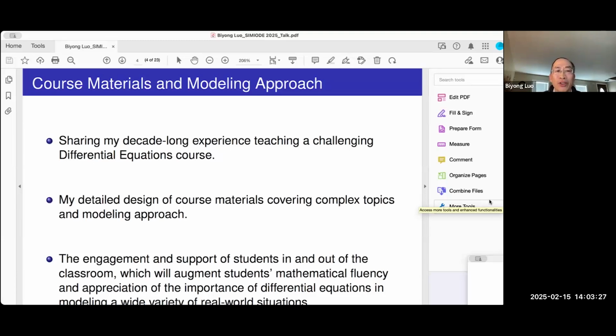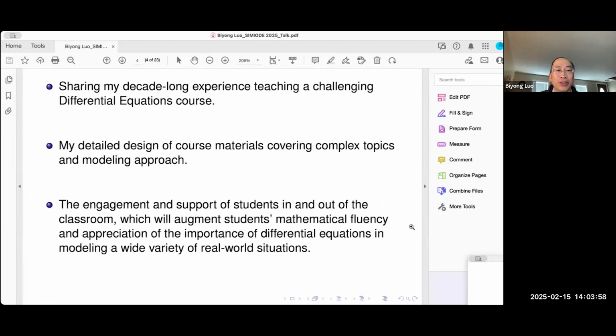I will also share my detailed design of course material covering complex topics and the modeling approach. Engagement and student support in and out of the classroom is very important for students learning differential equations, which will augment students' mathematical fluency and their appreciation of the course.